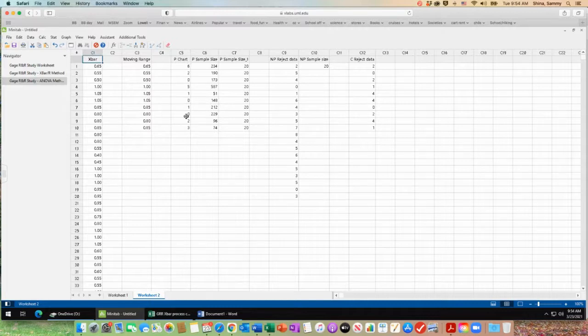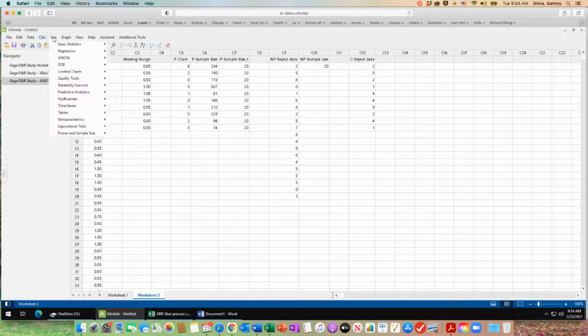Then the P chart: defects with different sample sizes, or same sample size. And then NP charts, which is different rejects per sample of 20, and then C chart. So I can just use them without having to go back and forth to show you.